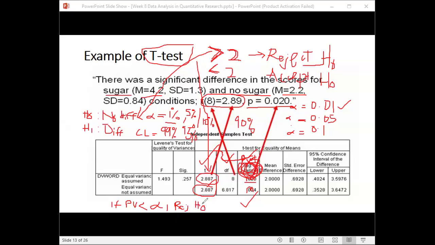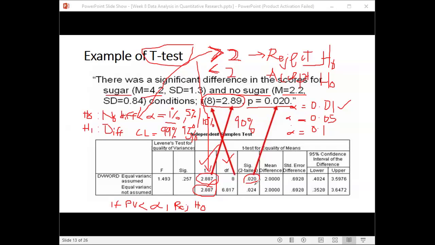Okay, that's the rule. So let's start looking at the values and see what the decision will be, whether to reject the null hypothesis or not. Let's take this first one here, 0.02.